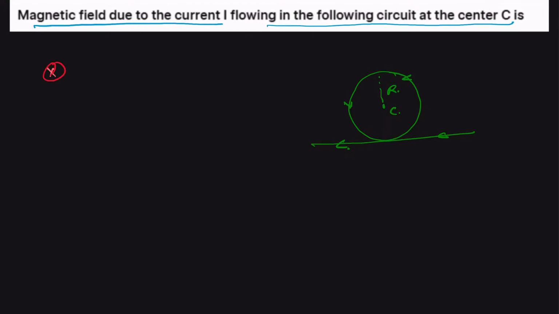Therefore, we can say that our magnetic field due to the loop at the center is mu naught I upon 2R, and its direction will be out of the paper.